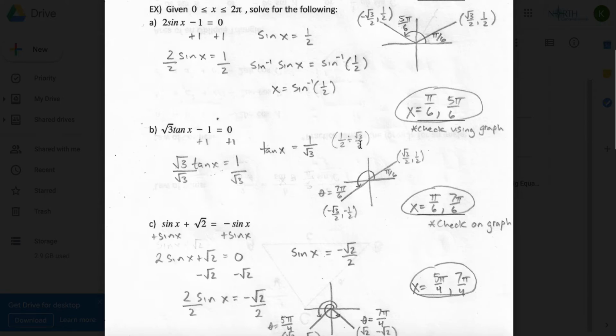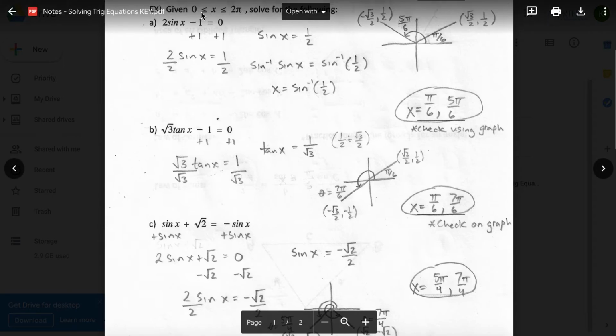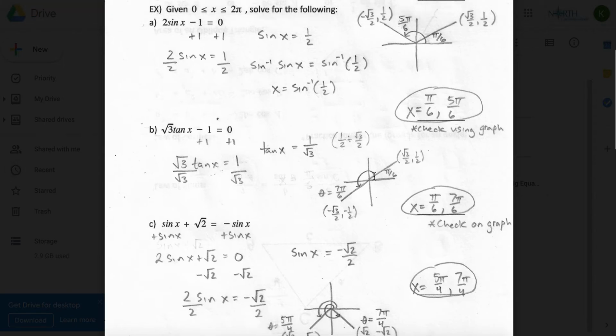Our tangent ratio is our y-coordinate divided by our x-coordinate. So if I have a y-coordinate of 1/2 and an x-coordinate of the square root of 3 over 2, I know that corresponds with an angle equal to pi over 6. And then we know that we are on this domain interval of 1 rotation, so this is going to happen again, where we also have a positive tangent value.